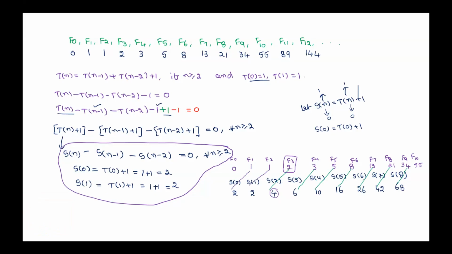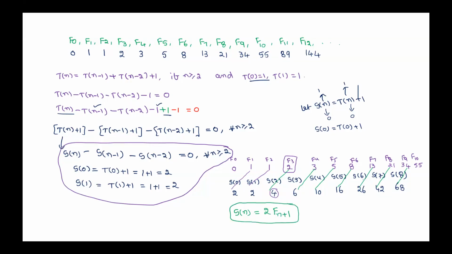So now you tell me, what is S of n? Directly we can write it now: S of n is 2 times F of n plus 1. But we don't know S of n.